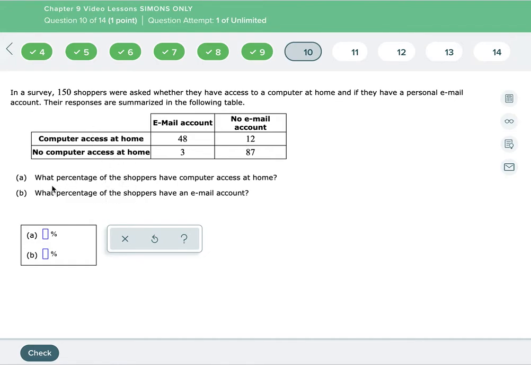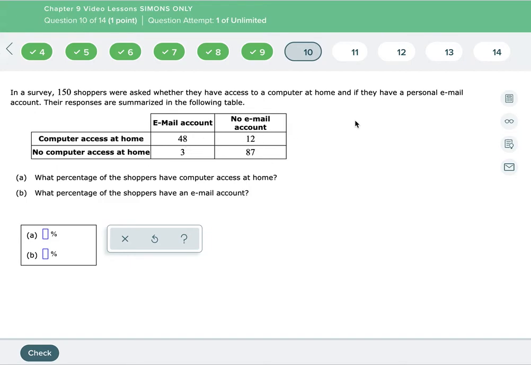All right, letter A asks what percentage of the shoppers. So that means the shoppers. There's 150 of them, so my whole is going to be 150. What ratio of 150 have computer access at home? You have to do a little adding, because you've got 48 people here who have computer access and an email account, and 12 people who don't have an email account.